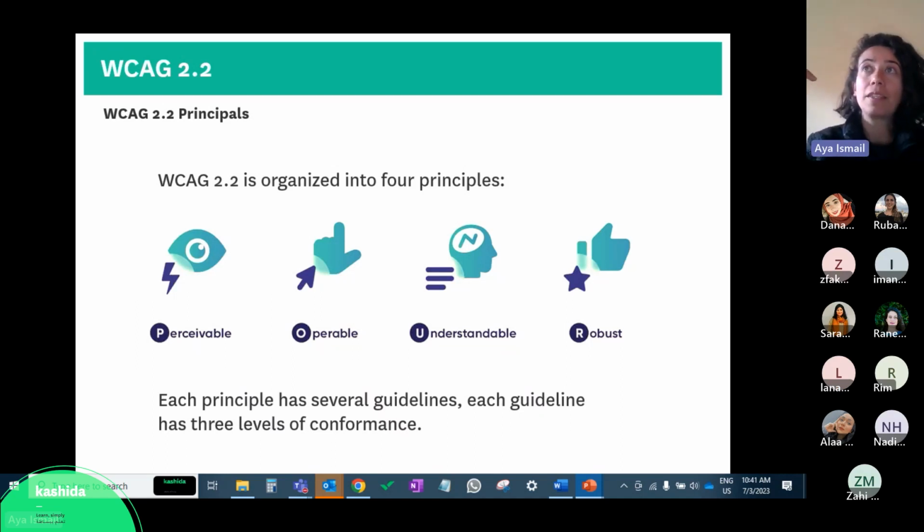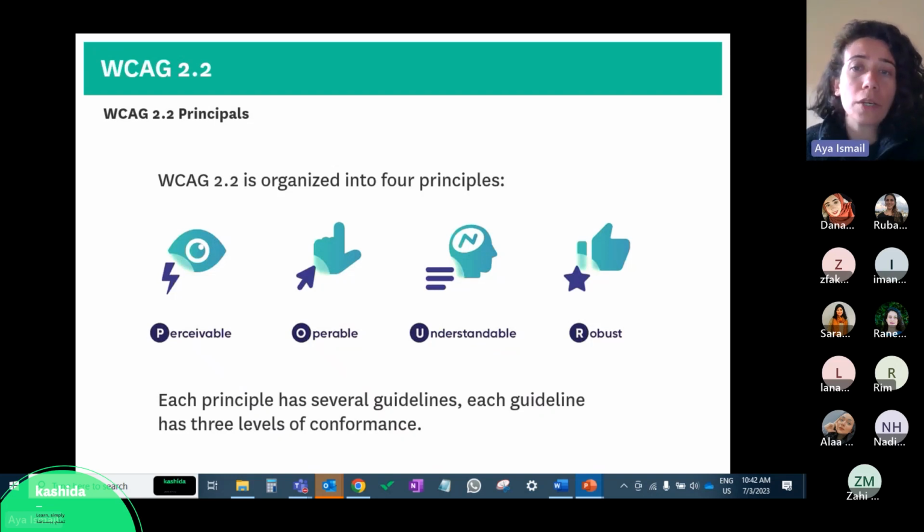But somebody who is not able to see the screen, and you're presenting them with a multiple choice question, and in the instructions they're just hearing, please answer the question below. Well, are they supposed to answer an open-ended question? Is it a drop-down? What kind of question is it? So making it understandable by giving clear instructions.